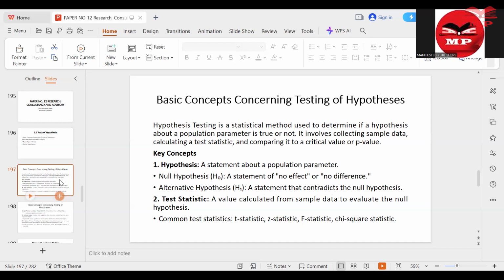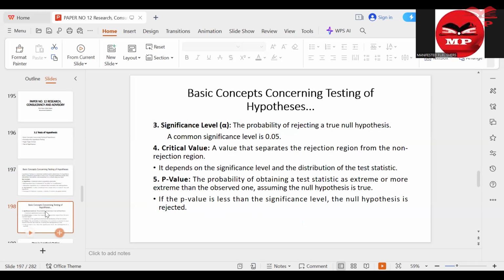The second key concept regarding testing of hypothesis is test statistic. This is a value calculated from sample data to evaluate the null hypothesis. Common test statistics include T statistic, Z statistic, F statistic, chi-square statistic, which we shall be looking at in the talk today.